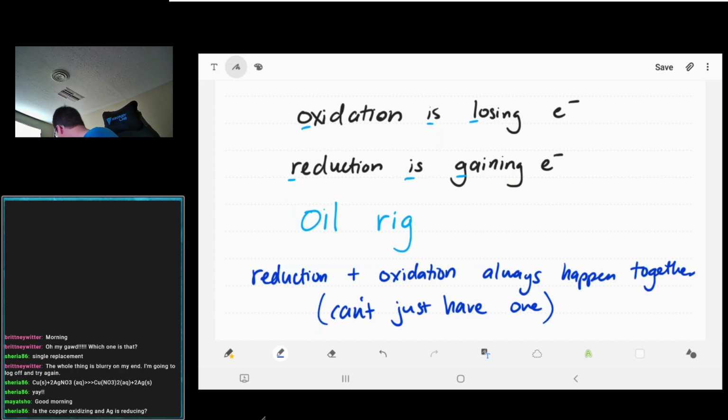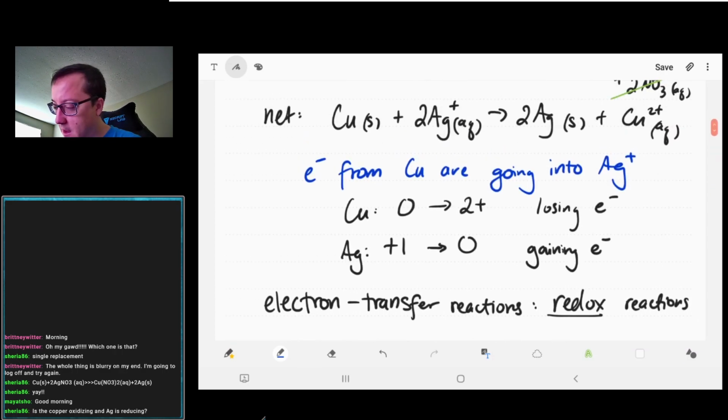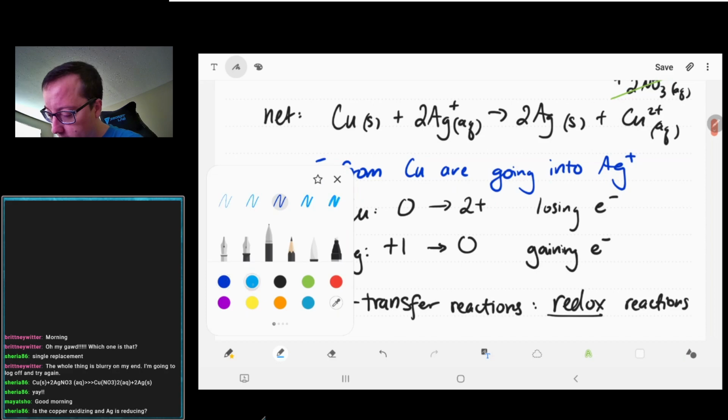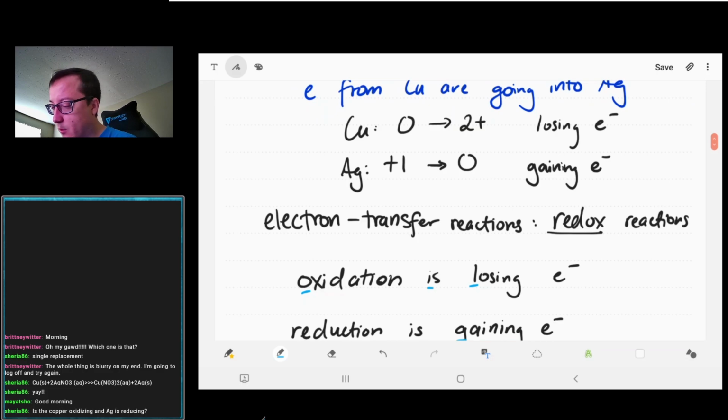We're going to be learning a number of ways to identify what's being oxidized and what's being reduced in a reaction. If we go up to this previous reaction, Sherry has already done the work for us, but let's look back at it. We see that the copper is losing electrons. If we look at our mnemonic, which one is losing electrons? That's oxidation.